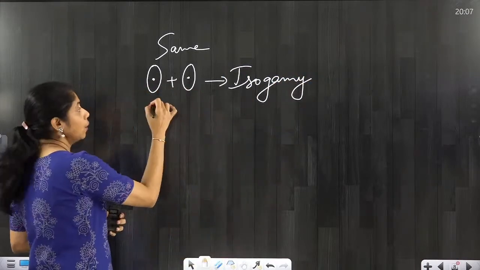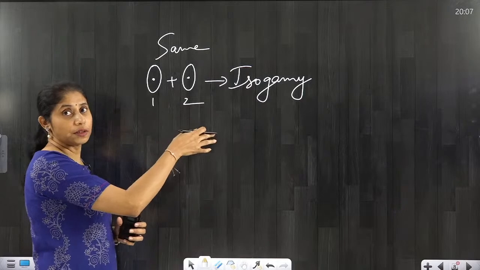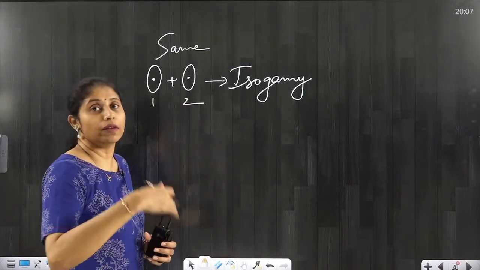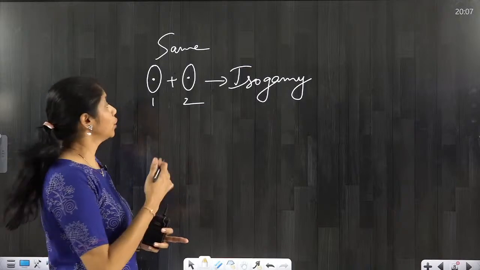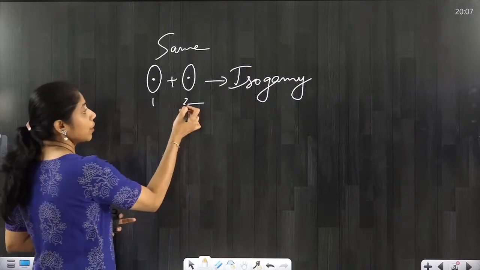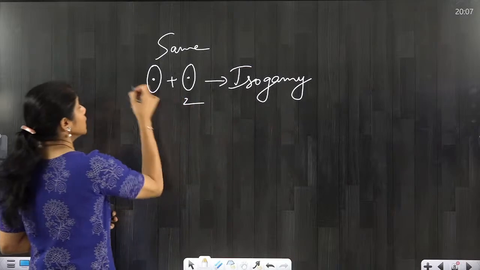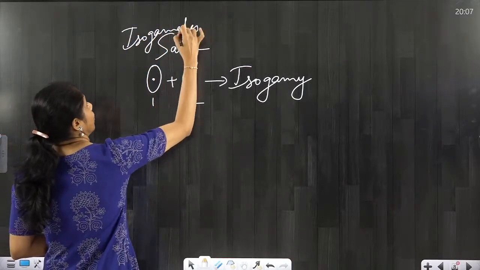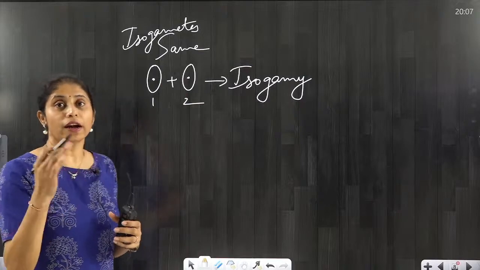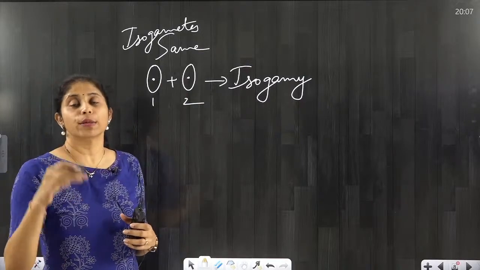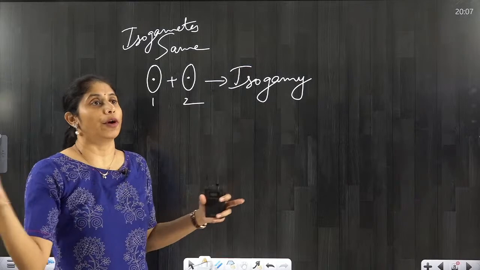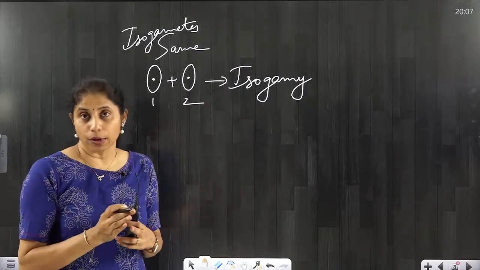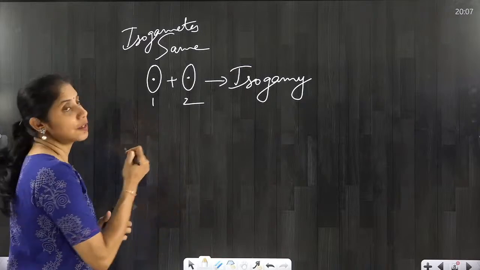You cannot identify which is male and which is female. Both gametes are the same. These gametes are called isogametes, similar in size, structure, and all other points. The fusion of similar gametes is isogamy. That is the first type.